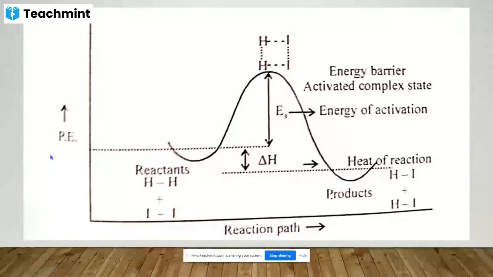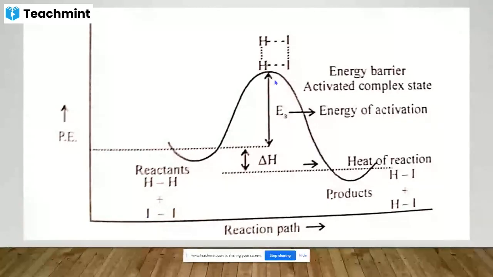The reactant molecules must acquire the form of the activated complex, which is the important state of this reaction. In the activated complex, H2 and I2 molecules are arranged such that there is an indication of bond breaking and bond forming taking place simultaneously.